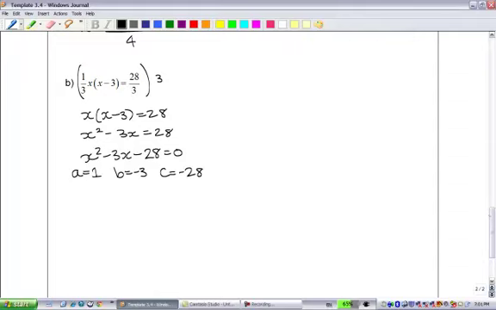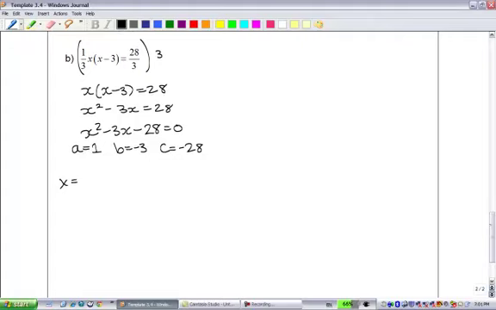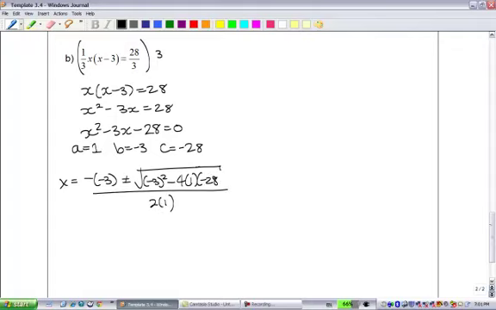So let's slot that into the quadratic formula. Negative b, so negative of negative 3, plus or minus the square root of negative 3 squared minus 4 times 1 times negative 28, all over 2 times 1. So that's positive 3 plus or minus the square root of 9 plus 4 times 28 is 112 over 2.